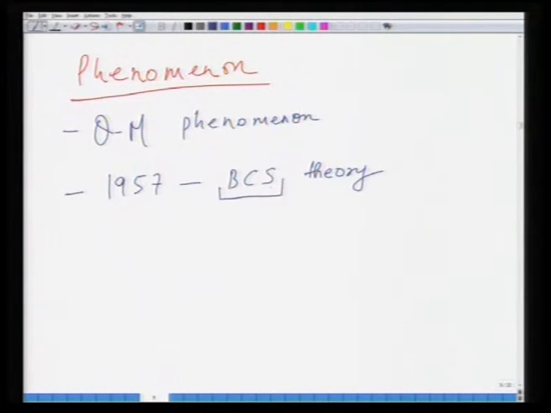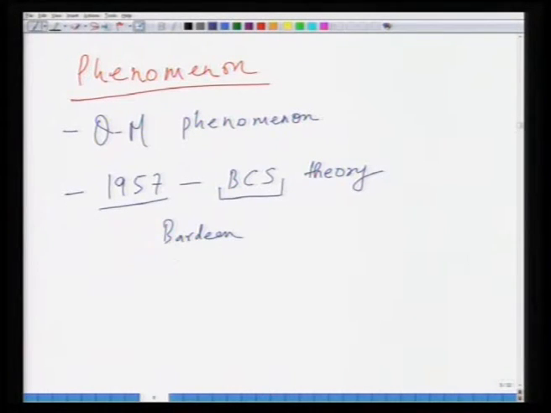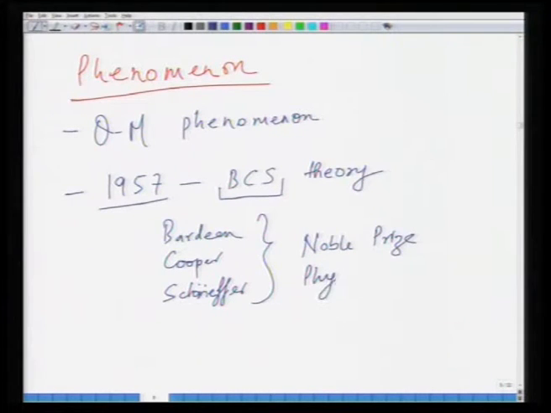These three scientists together discovered this theory in 1957, based on what is called the formation of Cooper pairs in superconducting materials, which gives rise to this kind of superconducting behavior, and for which Bardeen, Cooper and Schrieffer all three got the Nobel Prize in Physics in 1972.